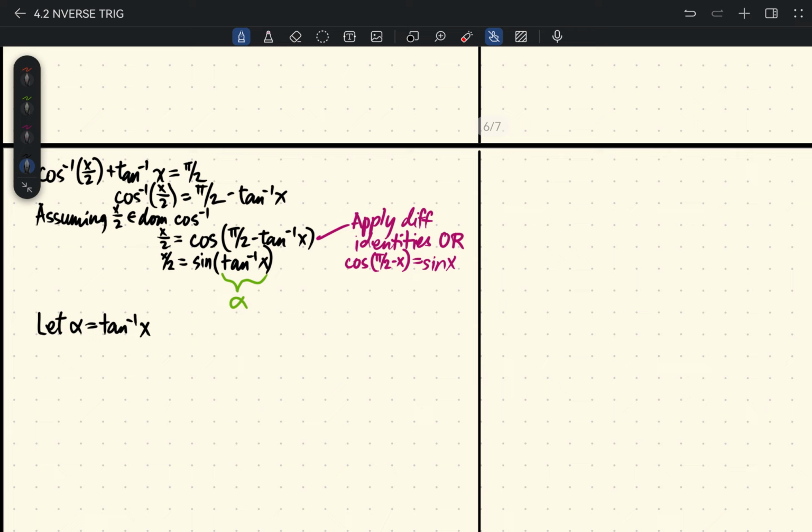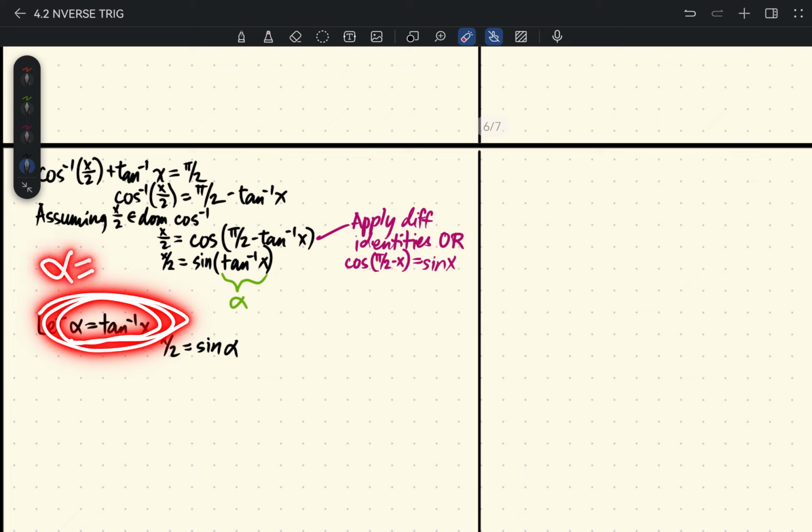And so we'll have right here x over 2 equals sine alpha. Now, how do we find sine alpha? Let's take note of this substitution right here. You have alpha equals tangent inverse of x.